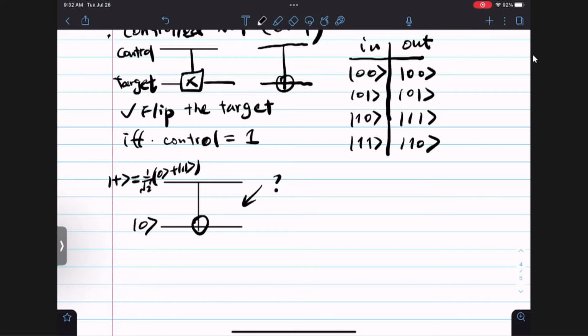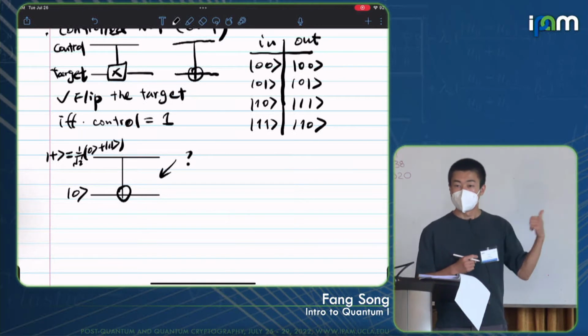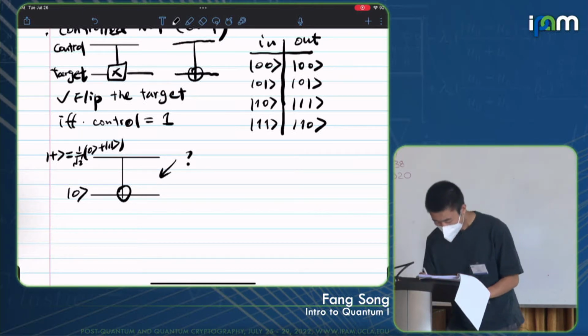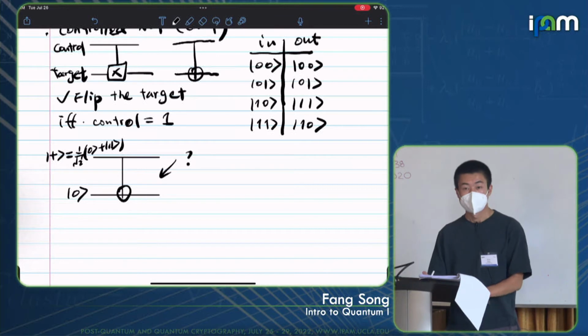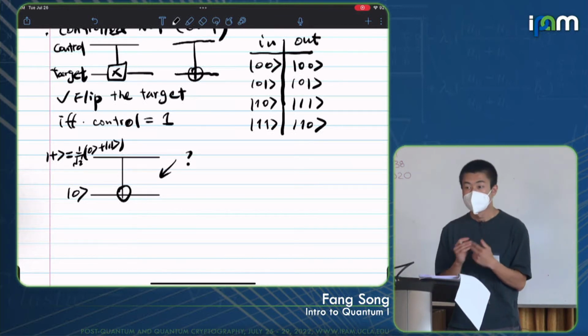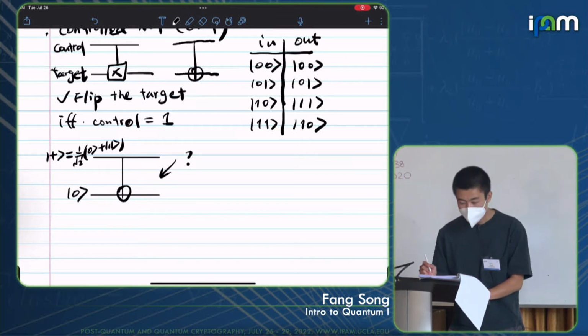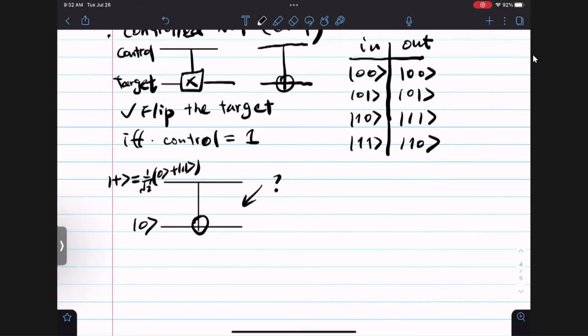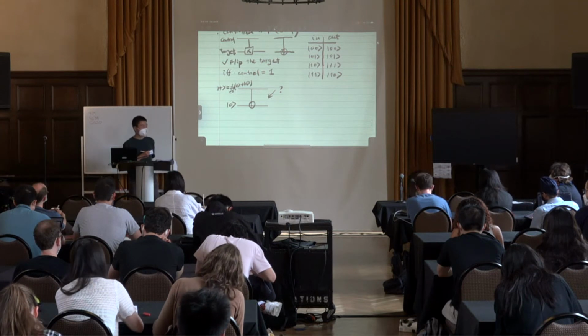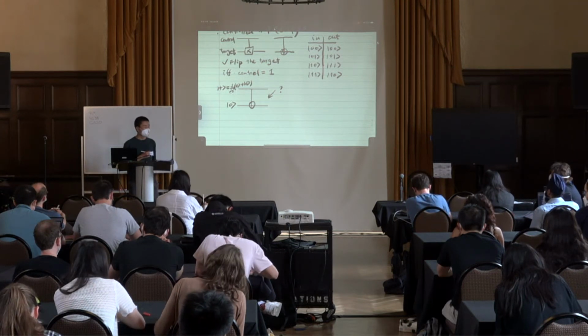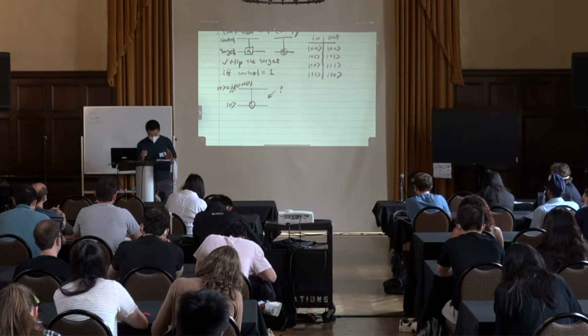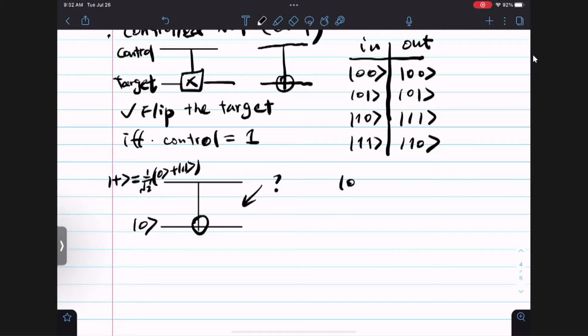Can somebody tell what the output state will be? Just using linearity. How will you denote it? It's not going to be |++⟩. So I have |+⟩ on the control, so I write it as |0⟩ plus |1⟩, and then tensor with |0⟩ as the target.